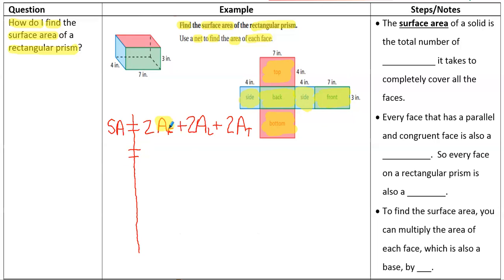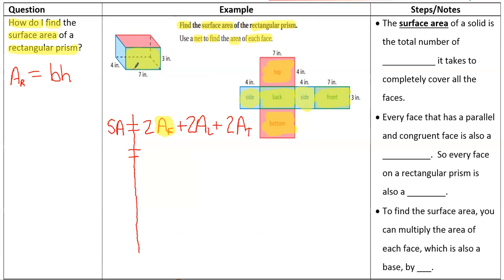Now let's see what's happening here. Area of the front. Well, the front is this green rectangle. How do we find the area of a rectangle? I don't know if you remember, but the area of a rectangle, or a parallelogram for that matter, because this is a parallelogram, with 2 pairs of parallel sides, is equal to base times height. And these have to be perpendicular.